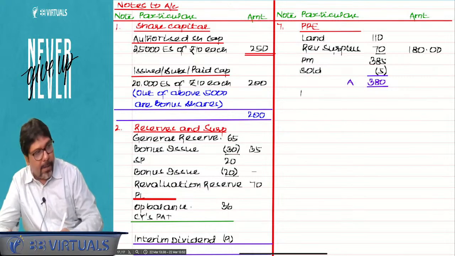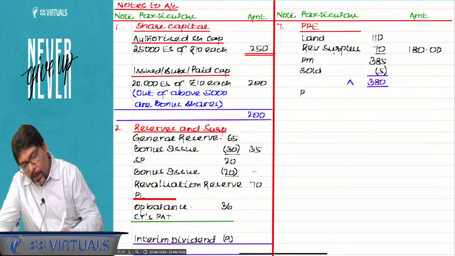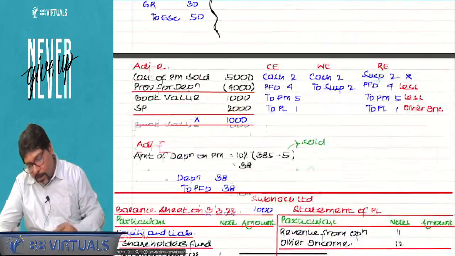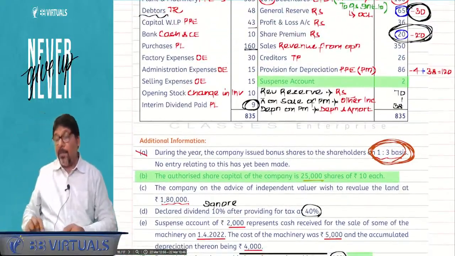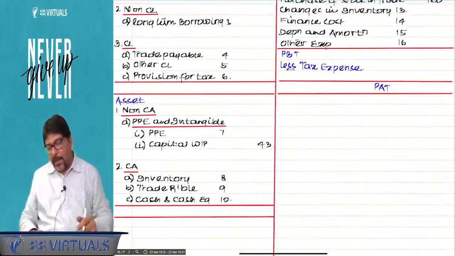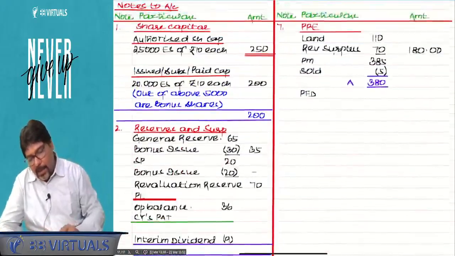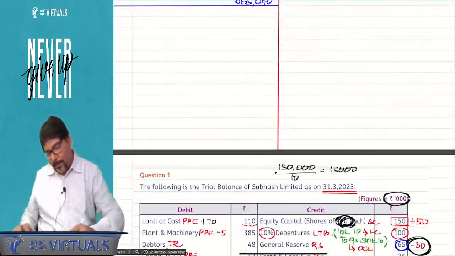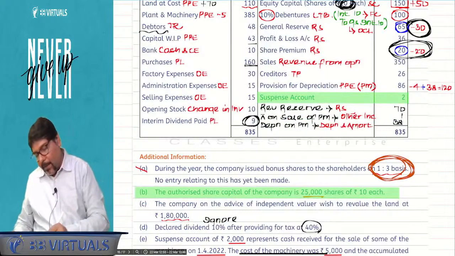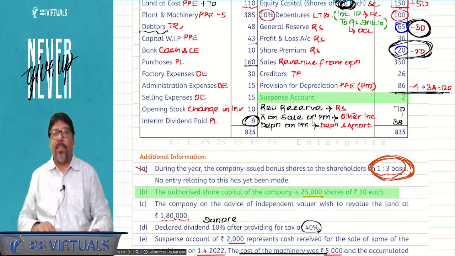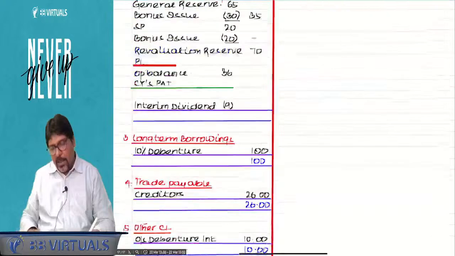Then we have got provision for depreciation. Provision for depreciation was how much? 86 minus 4 plus 38. Did you see? Yes or no? Yes, sir.